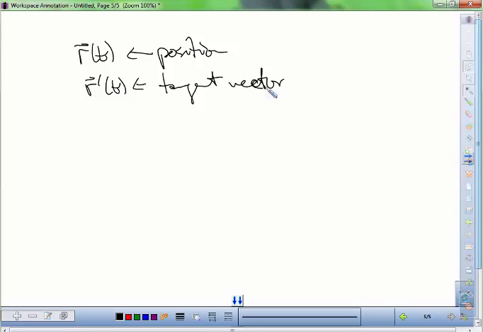But remember, a vector has a direction and a magnitude. So the magnitude of this tangent vector happens to be also important.